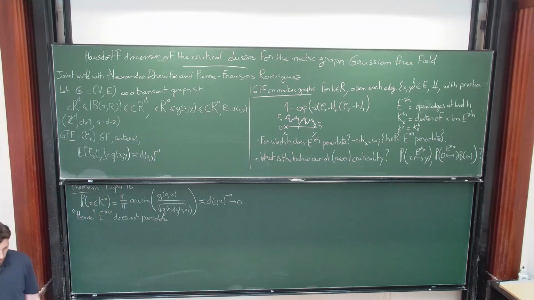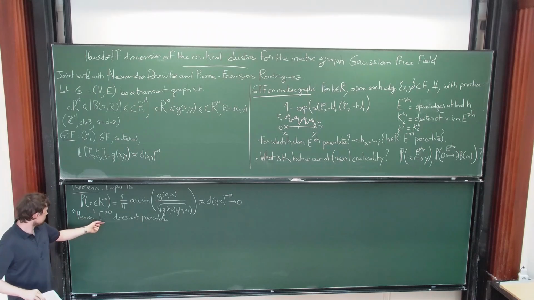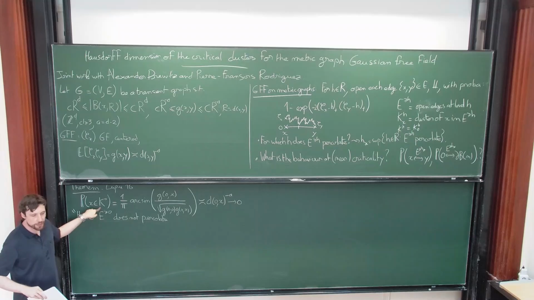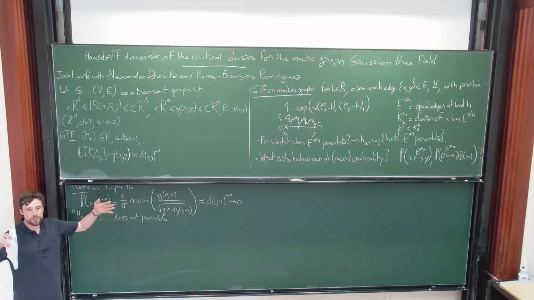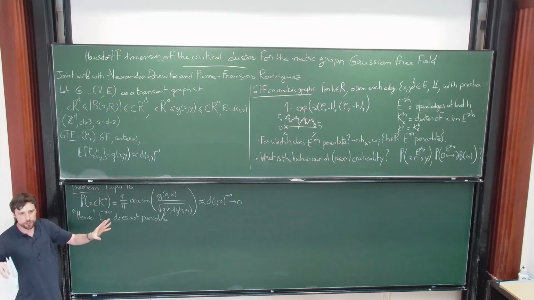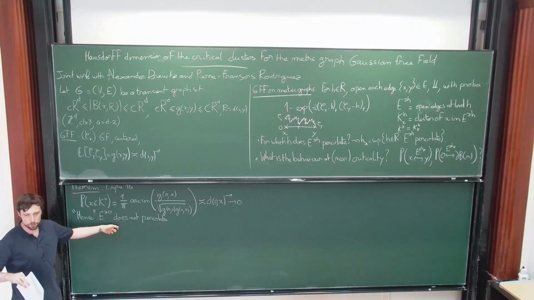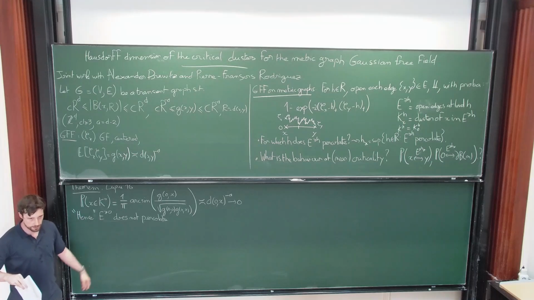You need basically uniqueness of the infinite cluster. And it tells you that at this level, intuitively, if you were to percolate, then you could connect 0 and x easily by just connecting them to the infinite cluster. Okay? And since you have uniqueness of the infinite cluster on this kind of graph, once they are both connected to the infinite cluster, which doesn't cost much, they are connected together. Okay, so the fact that this goes to 0 tells you that you cannot have an infinite component, so you do not percolate. That's the idea behind it.